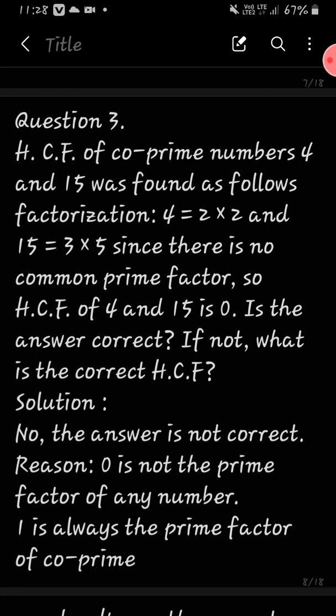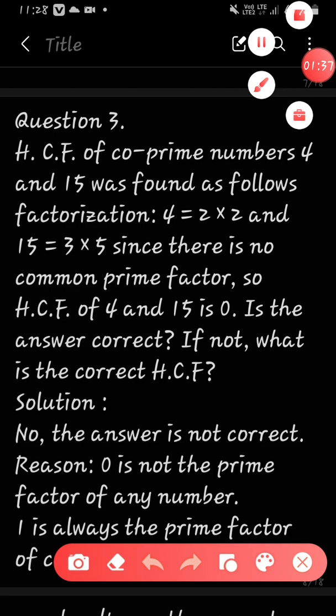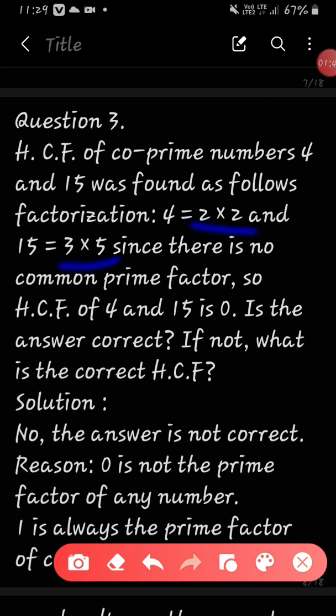We can see the factors of 4 are 2 and 2, and here 3 and 5. There are no common factors, but we know that 1 is always common among them. Yes or no? But they are telling the HCF of 4 and 15 is 0. Is it correct?